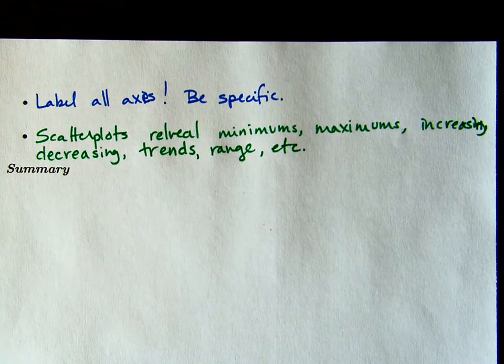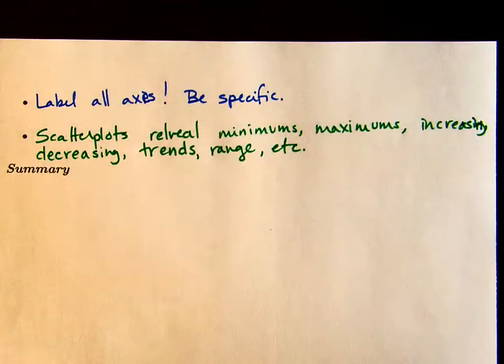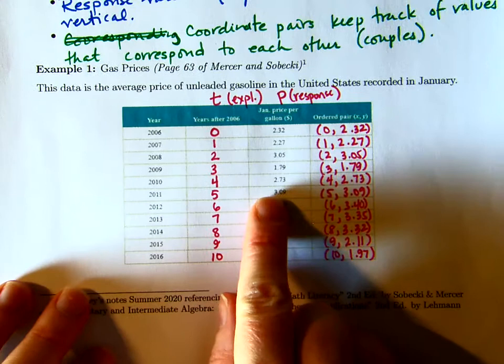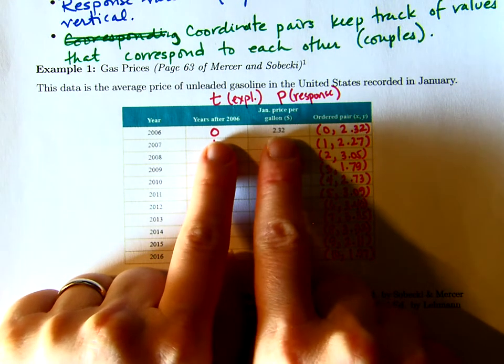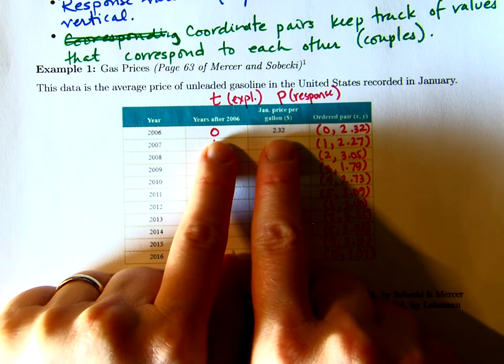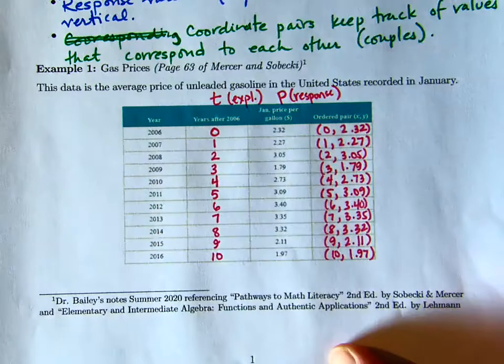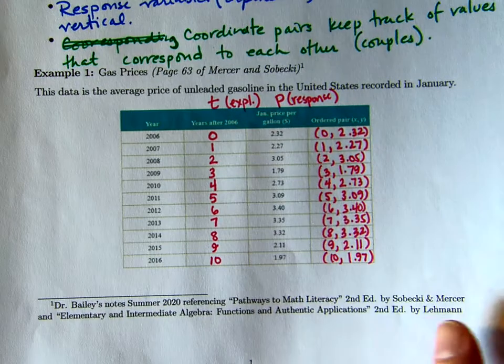All right, as a quick summary. You go from raw data, but you make sure that these two values correspond to each other. If they're going to correspond to each other, then you have to use a pairing to keep track of that relationship.